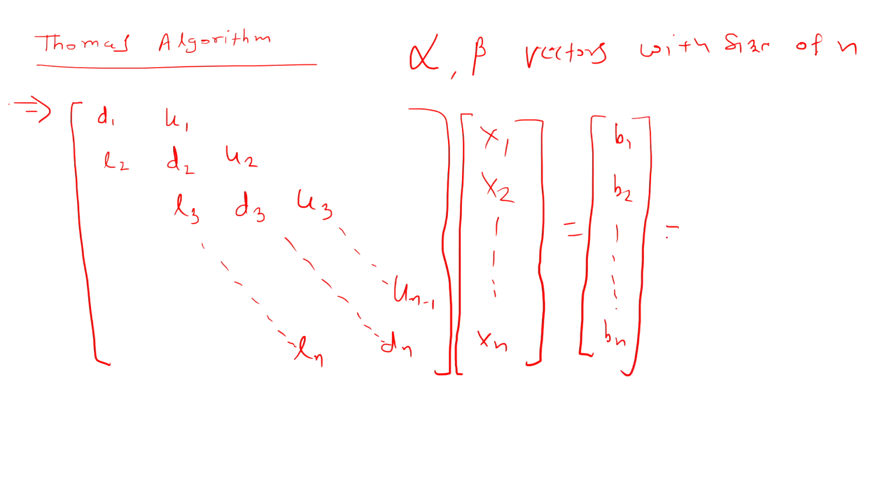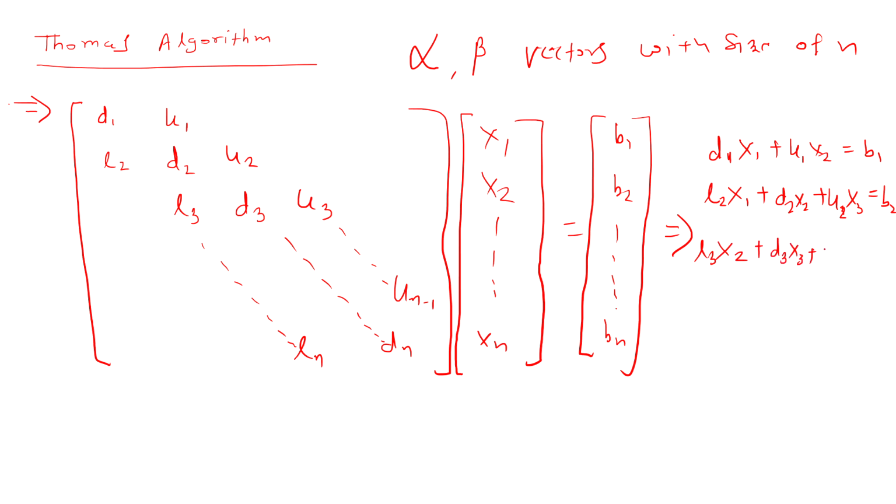So that matrix system essentially means that we are trying to find out the solution of d1 x1 plus u1 x2 is equal to b1, l2 x1 plus d2 x2 plus u2 x3 is equal to b2, l3 x2 plus d3 x3 plus u3 x4 is equal to b3, going up to ln xn minus 1 plus dn xn is equal to bn.